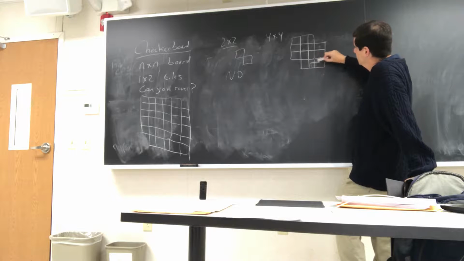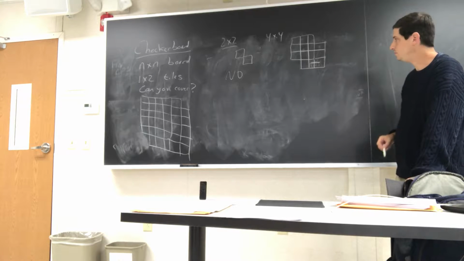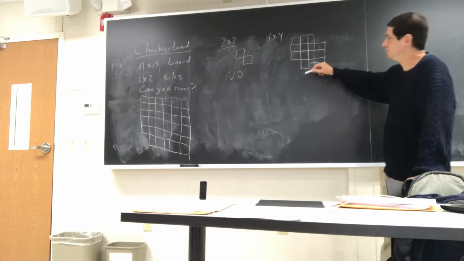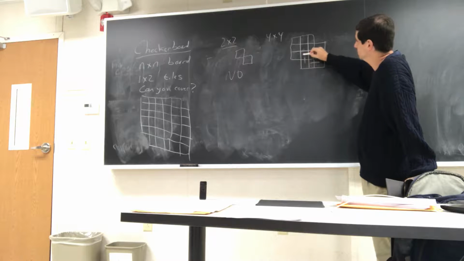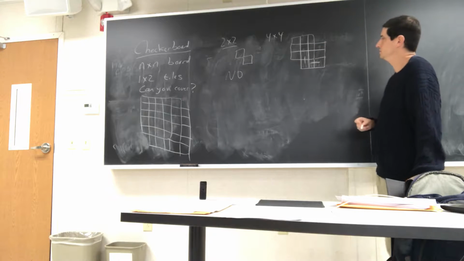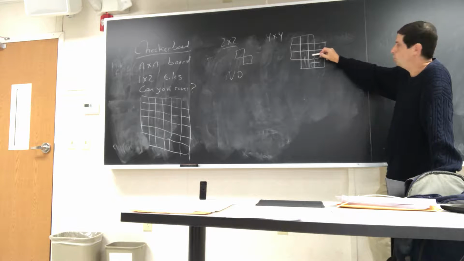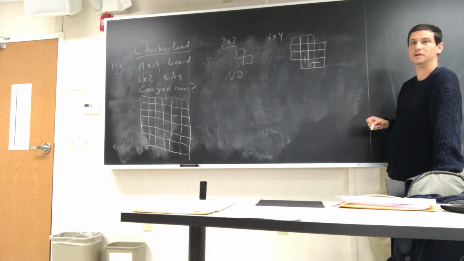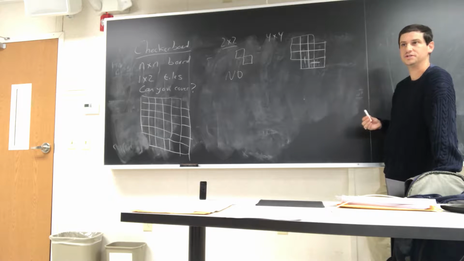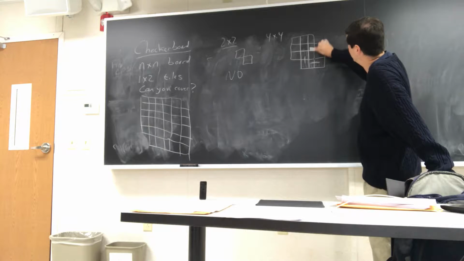So that now gives us this piece here. Now we know this piece has to be vertical like this. Now we could have 2 vertical here or 2 horizontal here. It doesn't really matter. Either way, we're going to get those 2 pieces. So we know these 2 will have to be covered.